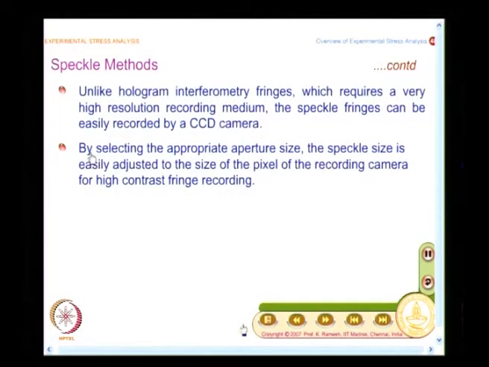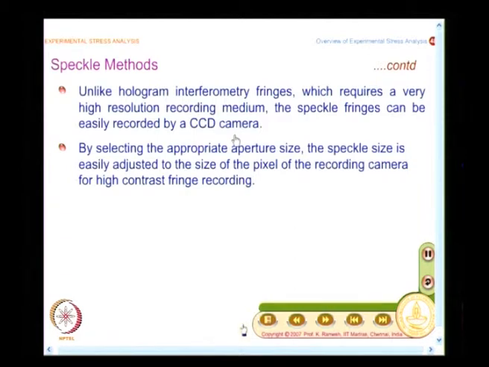So, the first thing is, unlike hologram interferometry, which requires a very high resolution recording medium, the speckle fringes can be easily recorded by a CCD camera. It is a lot simpler, but here also you need a good camera.